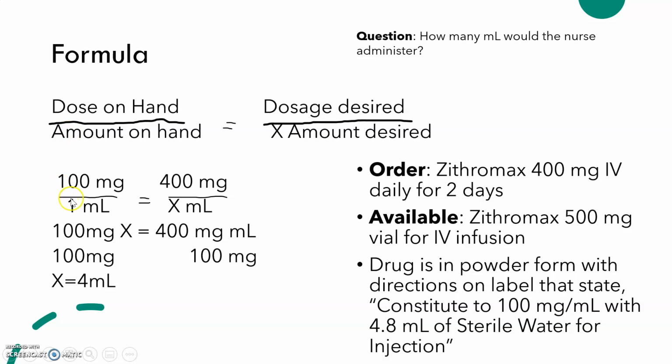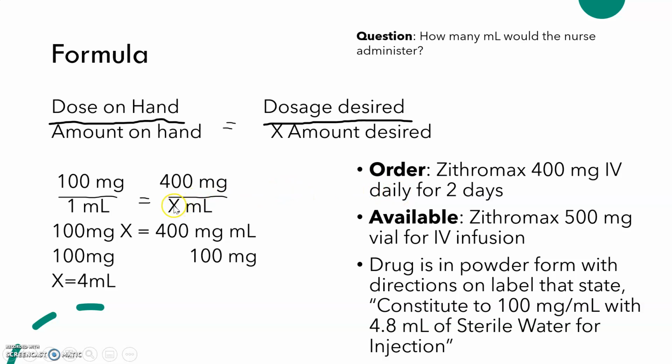The amount is 1 ml, because the instruction tells us that by adding 4.8 ml, we will get 100 milligrams in every ml. Now, what was ordered? 400. We know that 400 was ordered because here it is, 400 milligrams IV daily for 2 days.